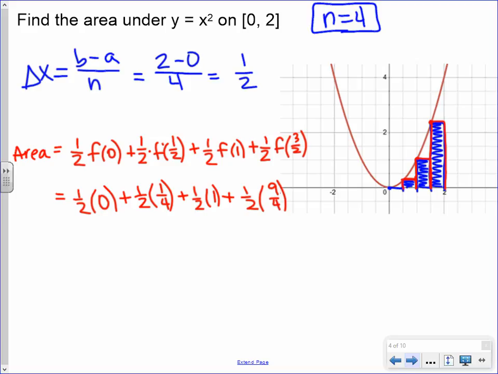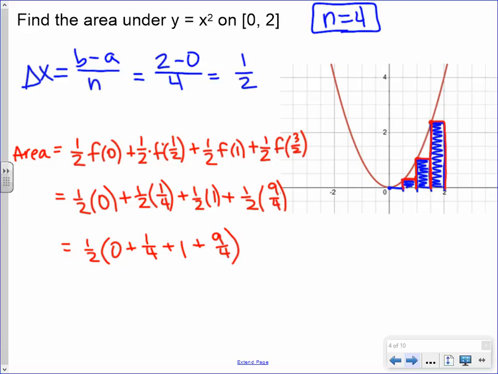Okay, now, to save you some time and pencil lead, since we know that each of the rectangles has the same width, you could write 1/2 times 0 plus 1/4 plus 1 plus 9/4, and that would be fine. We could have done that from the beginning, right?